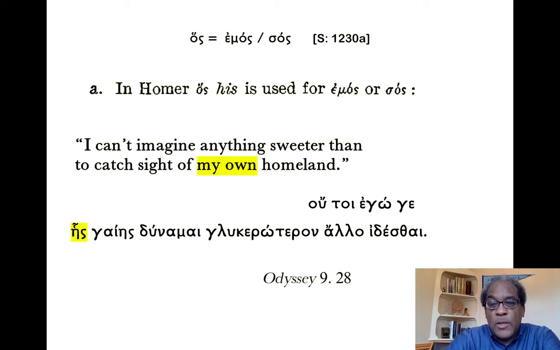The Greek: ou toi egōge hēs gaiēs dunamai glukerōteron allo idesthai. So hēs gaiēs here stands for my own homeland. I'm not able to see anything sweeter than my own homeland.